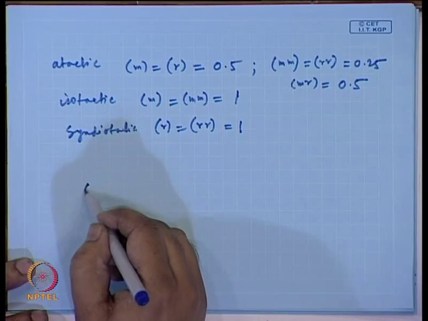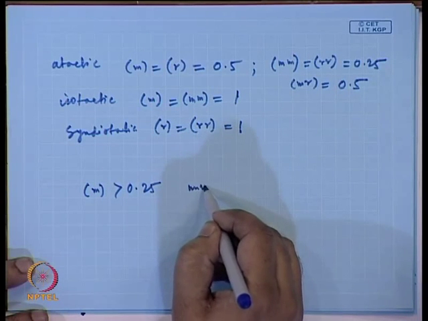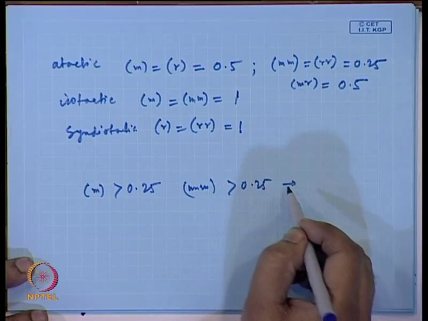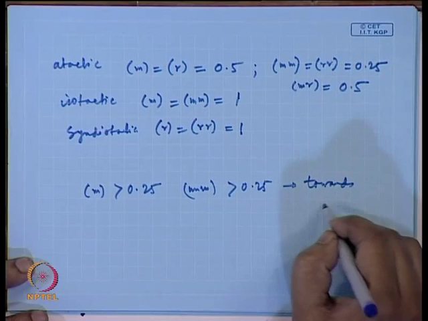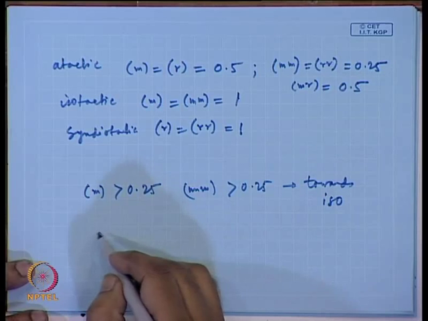If MM is greater than 1/4, then obviously it is going towards isotactic. It is more isotactic rather than syndiotactic.